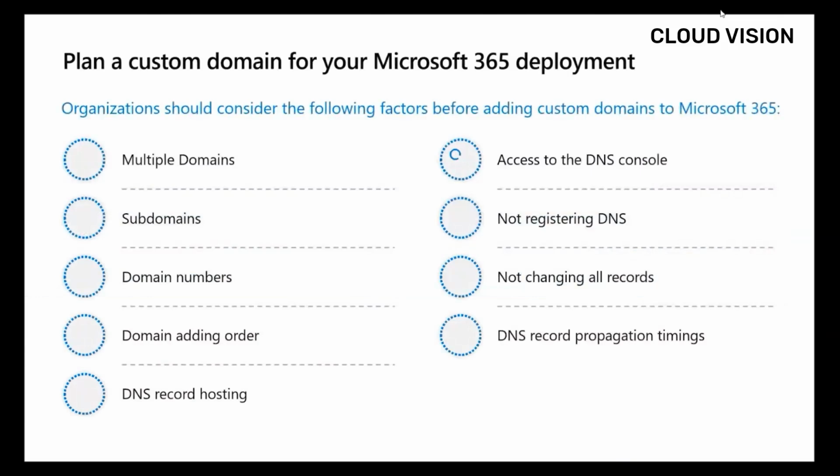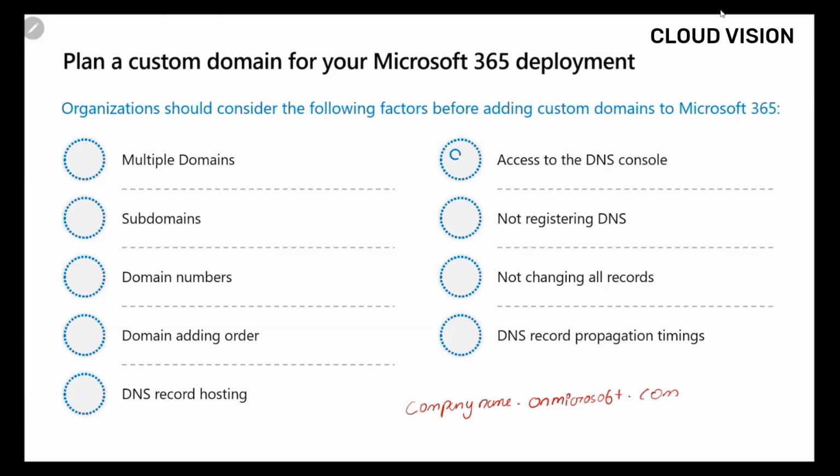Now, as we talked about, when you set up a Microsoft 365 tenant, you'll be provided with a default domain name. That becomes your tenant URL, which is always your company name dot onmicrosoft.com.